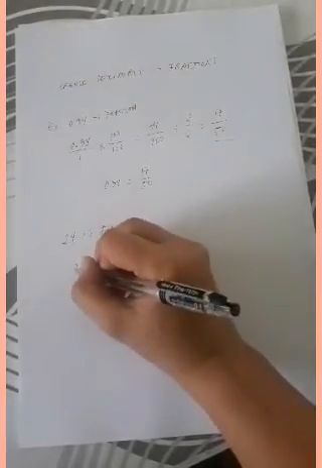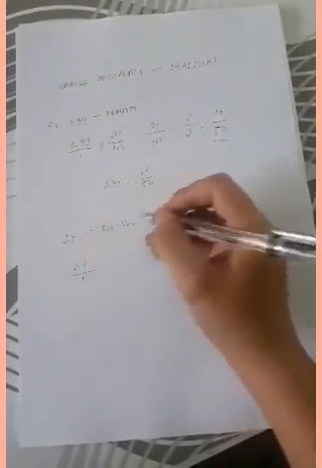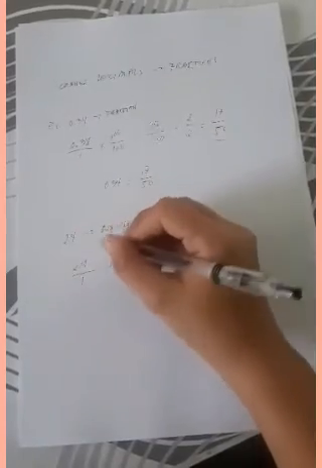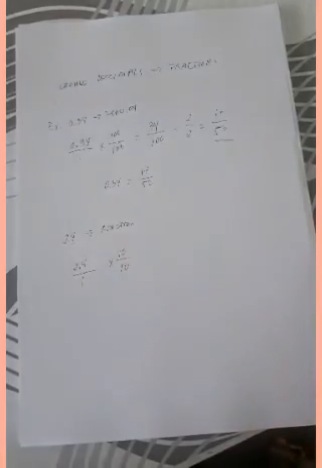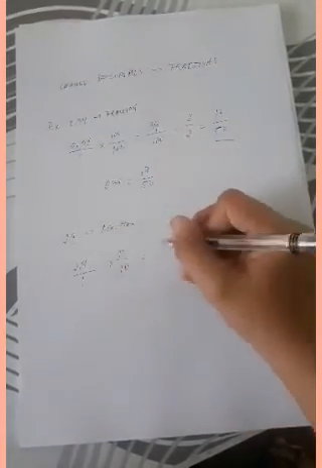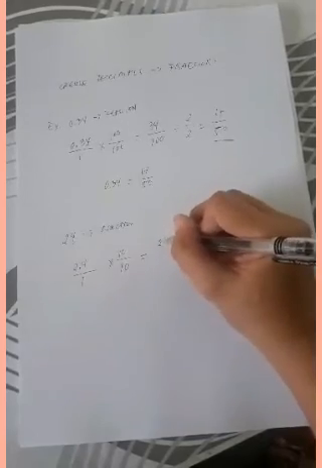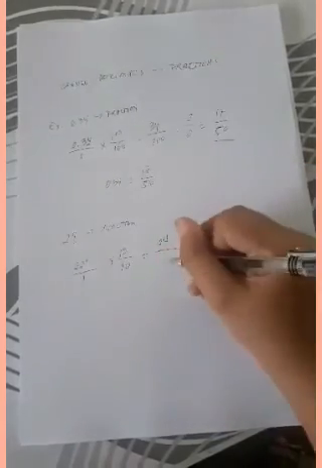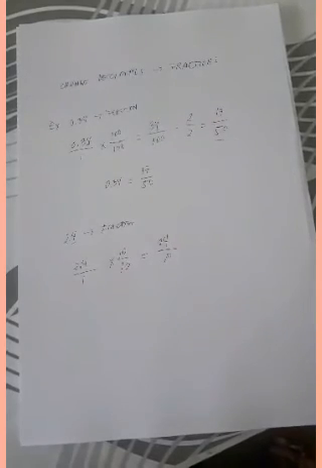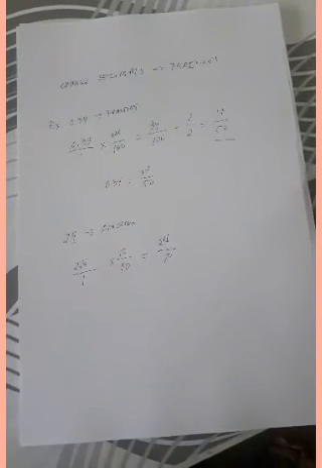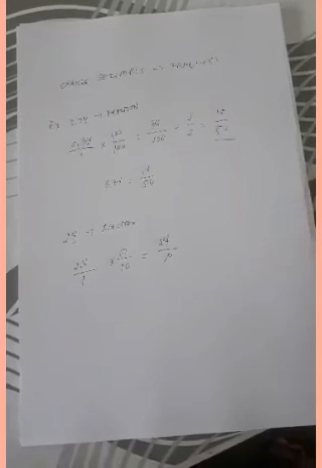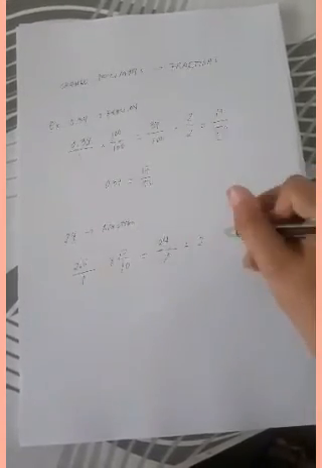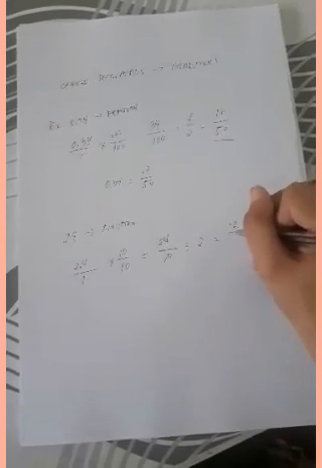So 2.4 over 1 times, since this is a tenth, we have to multiply it by 10 over 10. So we will arrive at the answer 24 over 10. Since 24 and 10 can still be divided by the same number to arrive at the lowest term, we can divide it by 2. So we will arrive at 12 over 5.